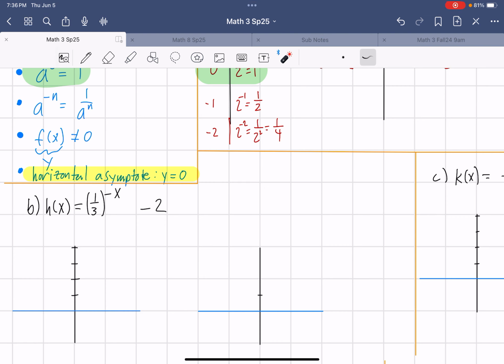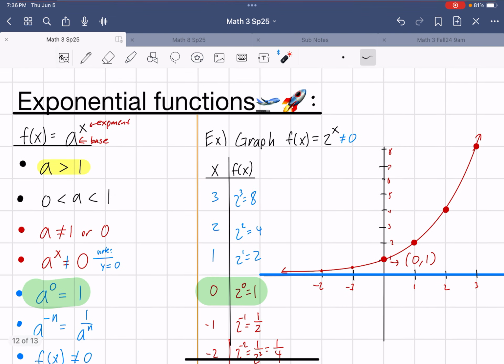Now, when it comes to being bigger than 1, it's always going to have this shape. It's going to have the asymptote, it's going to have that point, and then it's going to grow really fast on the right.